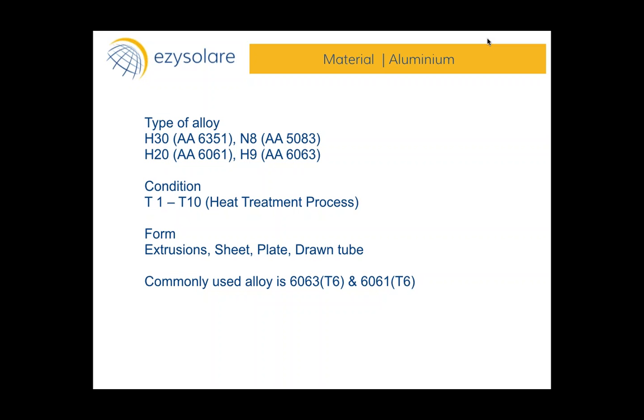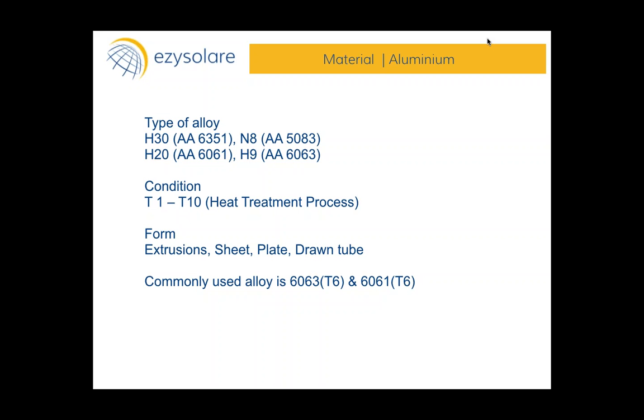So while procuring aluminium structures, make sure your vendors are supplying that, because T6 6063 and 6061 billets are available. So you're saying that between T1 to T10 as heat treatment, T6 6063 is the most commonly available alloy? Yes, that is for common applications.